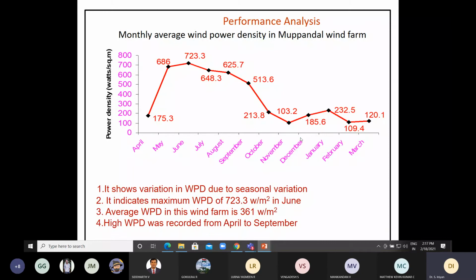Lower wind power density was recorded from October to March and April, which comes below 200 watt per square meter. It depends on the seasonal variation, so the average wind power densities may vary, right?